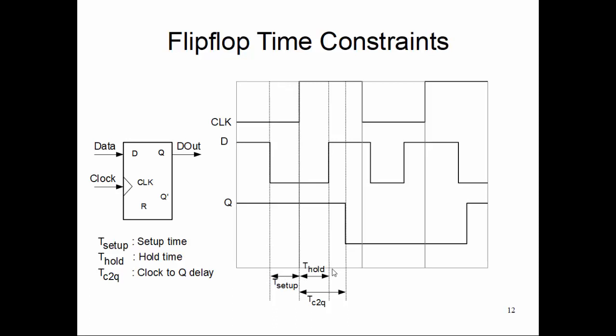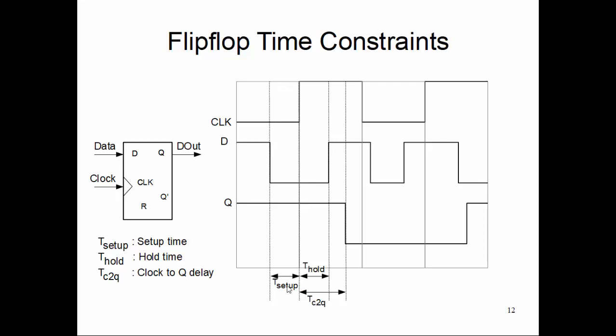Now clock to Q delay. This delay is from the clock active edge, in this case the positive edge of the clock, till my Q gets changed. That's my TC2Q, the clock to Q delay.